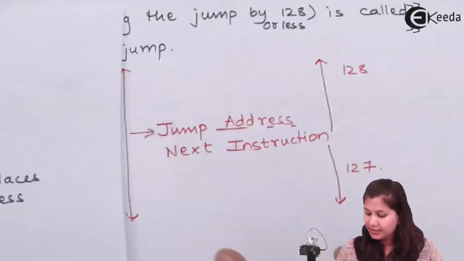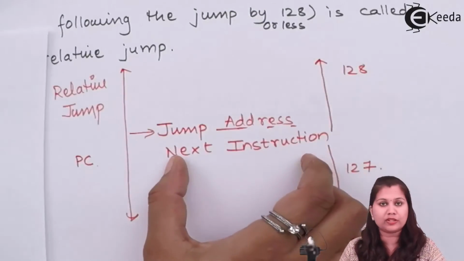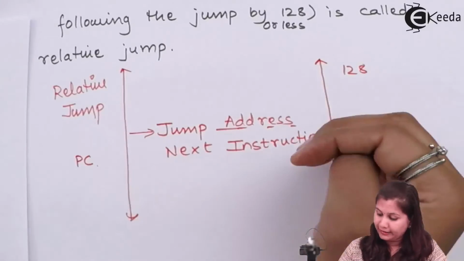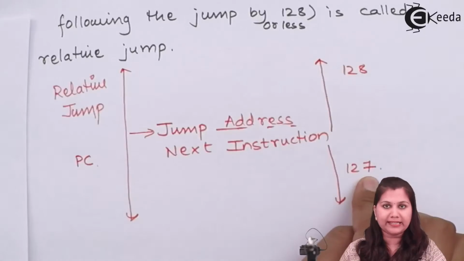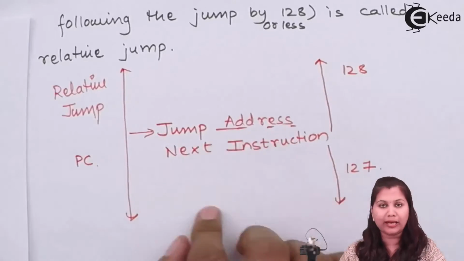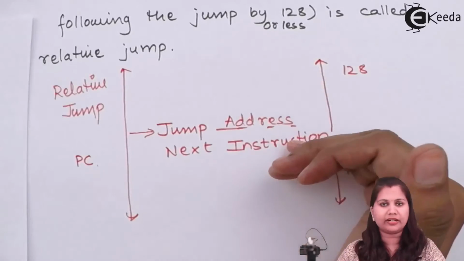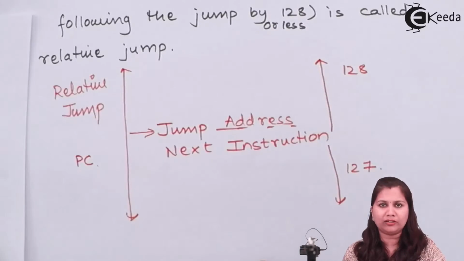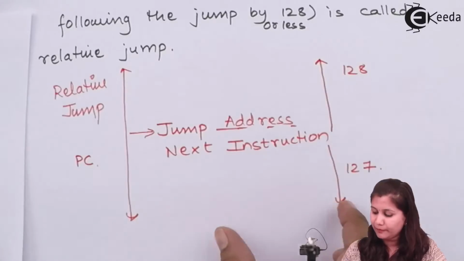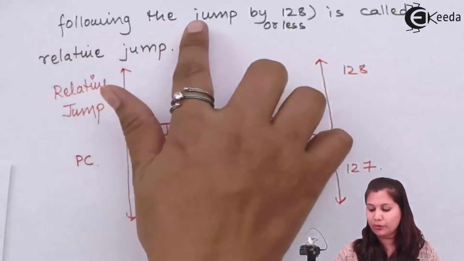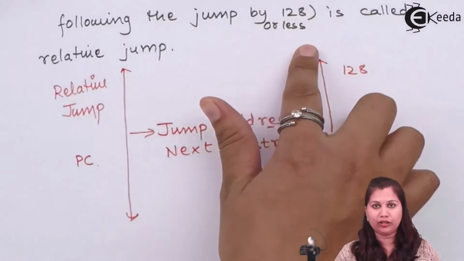You can see that this is the instruction following the jump instruction, that is the next instruction, and the new address can be greater than this by 127 or less. Maximum range is 127, and it can also be 0 or 1. Also it can be less than the address following the jump by 128 or less.